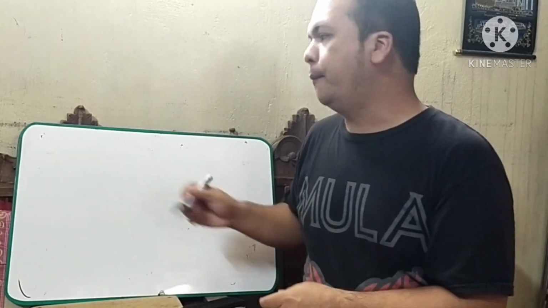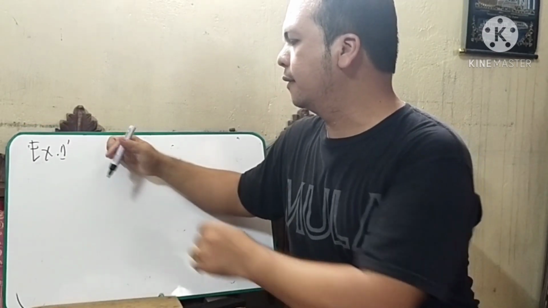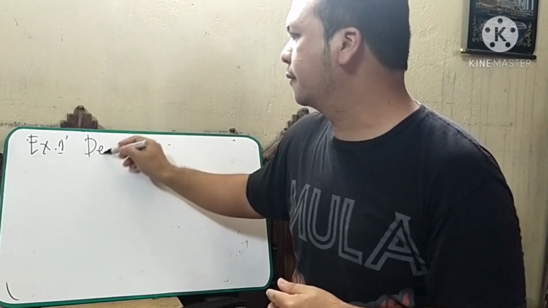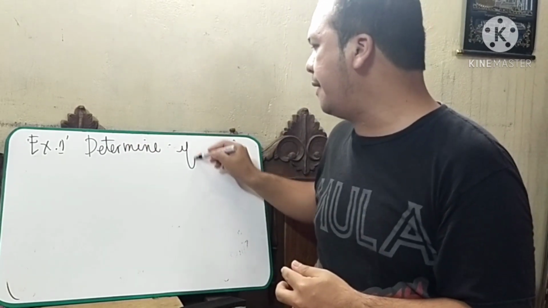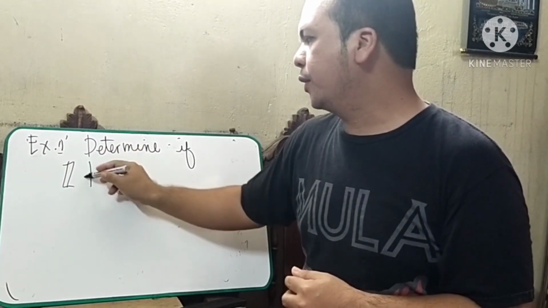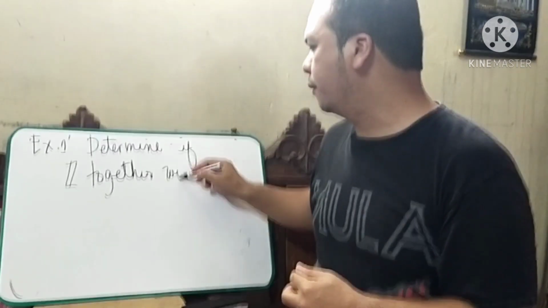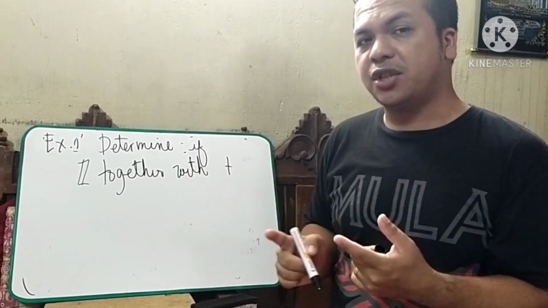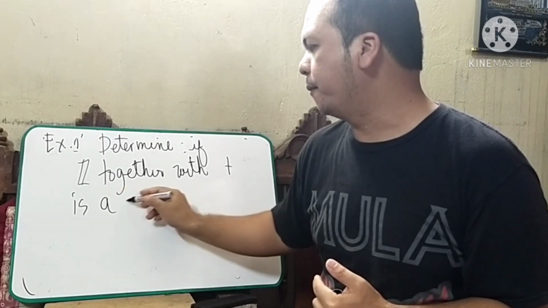Now, for our first example, determine if the set of integers together with the operation addition, the usual addition, is a group.